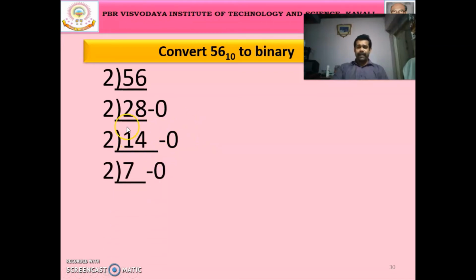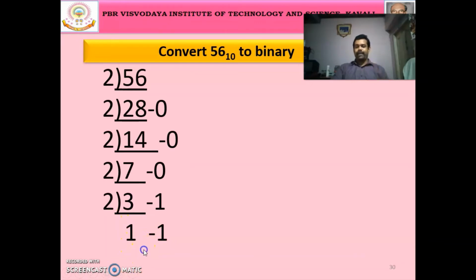Again, we will be dividing 14 by 2, we will be getting 7 as the quotient and 0 as the remainder. Again, we will be dividing 7 by 2, we will be getting 3 as the quotient and 1 as the remainder. Again, we will be dividing 3 by 2, we will be getting 1 as the quotient and 1 as the remainder. If we again divide this 1 by 2, we'll be getting quotient as 0.